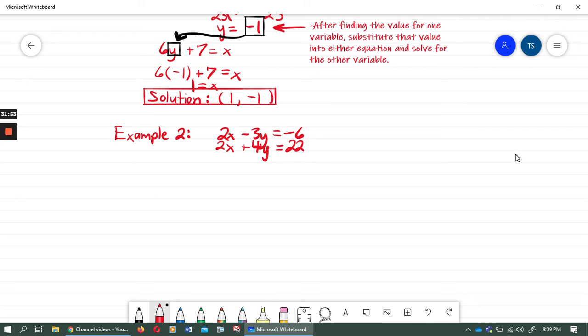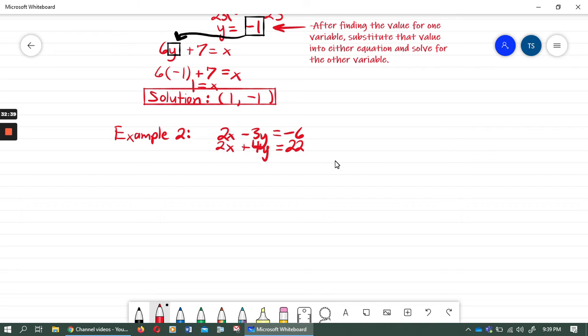So for this one, the first thing we need to do if we want to substitute is solve one of these equations for a variable. If you don't like working with fractions, you may want to think a little bit ahead about which equation it would be easier to solve for a variable, where it would not leave you with a fraction.